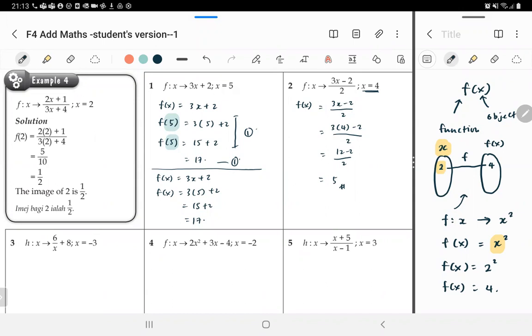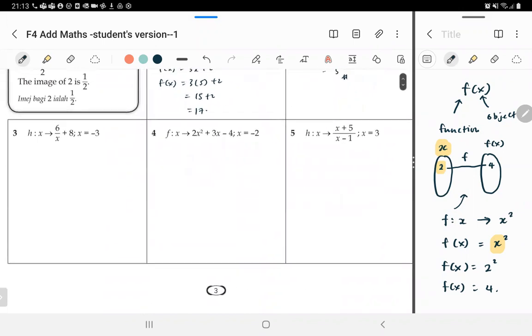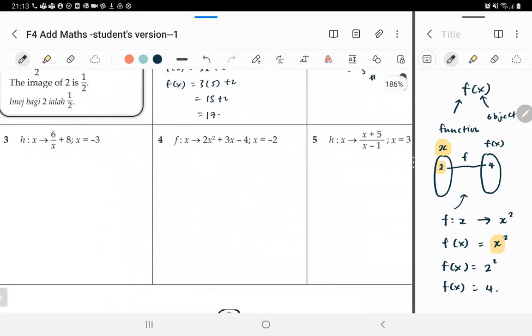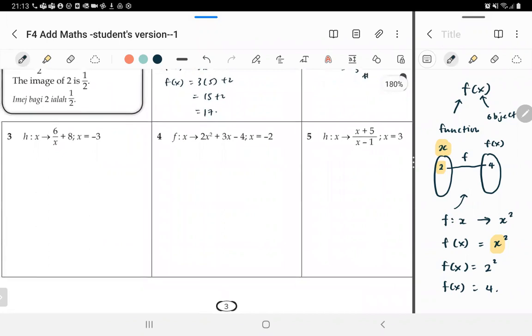Okay, good. Okay, so let's see this one. Maintain it at this size. If you haven't finished, then you can try.